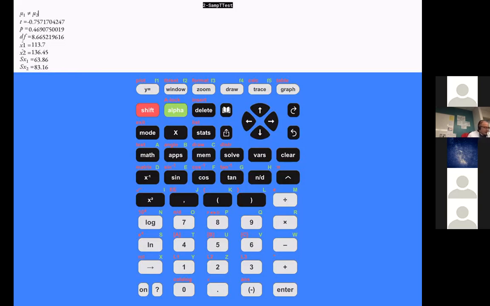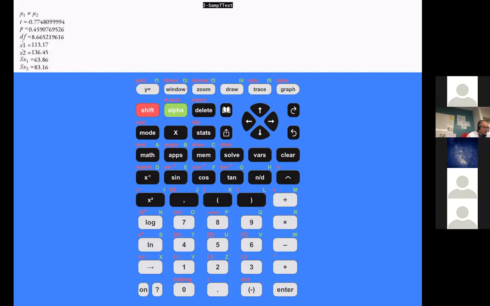So let's double check these. I see that my first mean I entered incorrectly. I entered 113.7. This is not going to make a difference in my test. I just wanted to get more exact answers. So I go back to stat, calculate. Everything else remains the same.